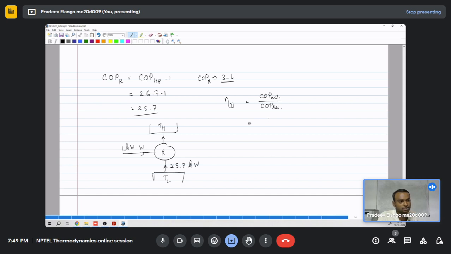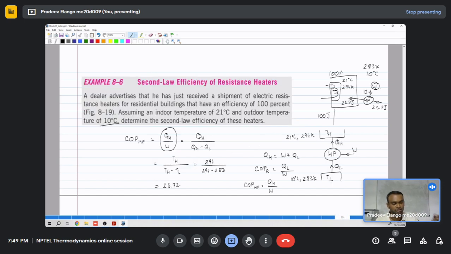So COP actual for the heater is only 1, because for every 1 kilowatt of heat input it will supply 1 kilowatt of heat to the room, and COP of the heat pump for a reversible case is 26.7. So we can calculate the second law efficiency in percentage. It is coming 3.7, sir. Yeah, 3.7% is the second law efficiency of the heater, but the dealer claimed that it is 100% efficient, right?